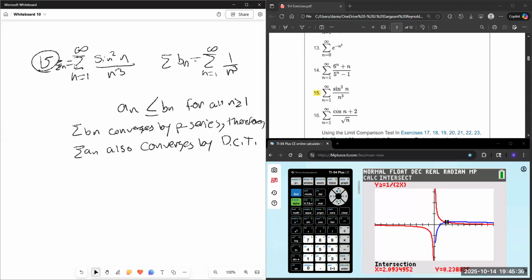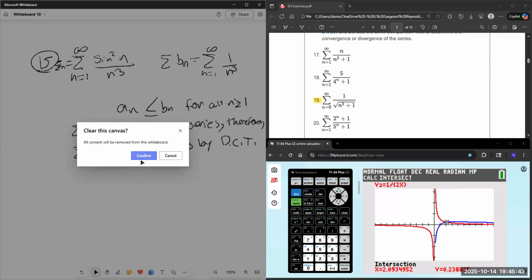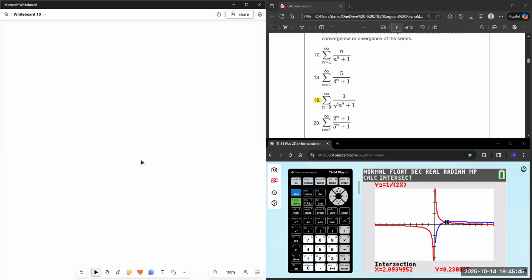All right, moving on to the limit comparison test. And the limit comparison test is going to tell me to find a comparison series that is basically of the same power, so that I can take the limit as n goes to infinity and see if that is going to be a positive answer.